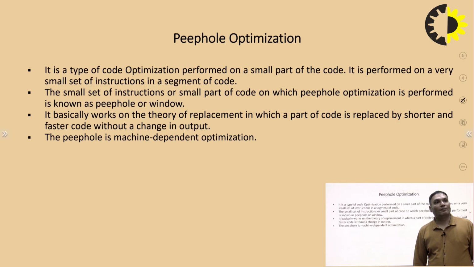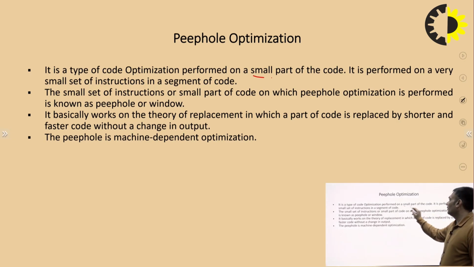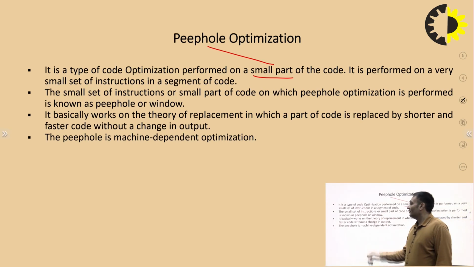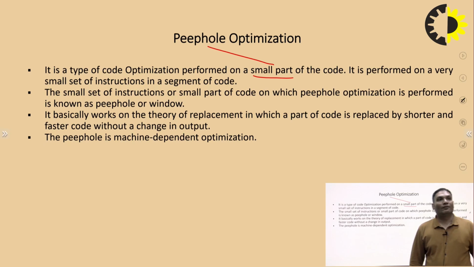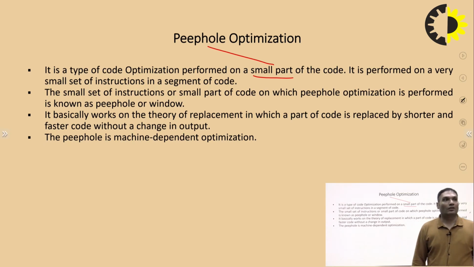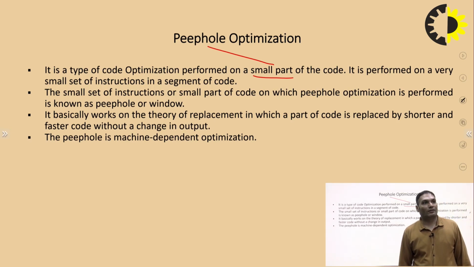It is a type of optimization that is performed on a small part of the code, that's why we call it peephole, and it is performed on a very small instruction segment of the code. When we perform the optimization on a small part of the code, the technique is called peephole optimization.